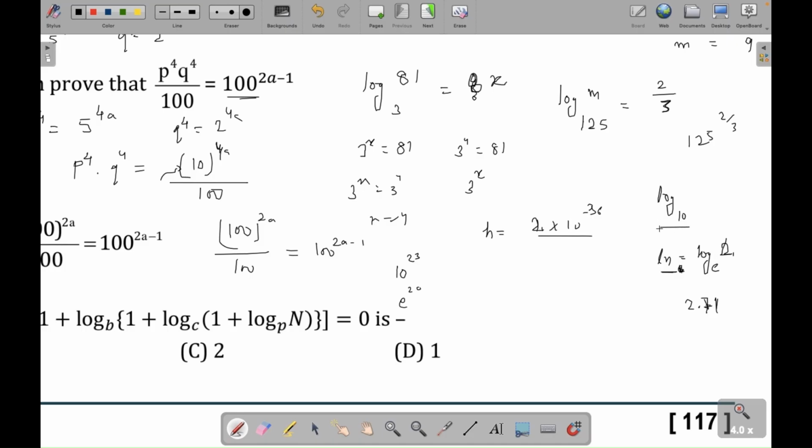Similarly, when you are given just log, you assume the base is 10 and then find the log of that number. The number is up to you. And if you have anything other than this, you'll be specified the base.